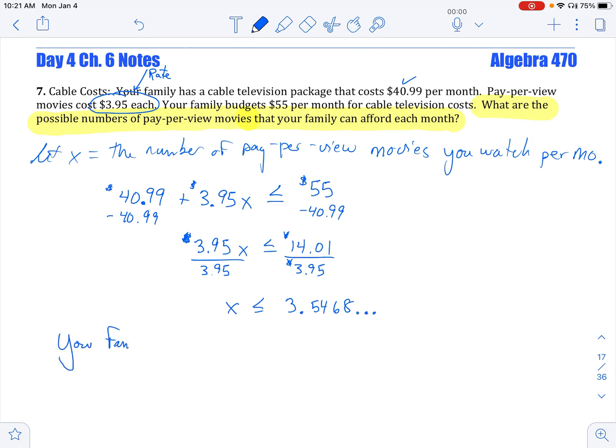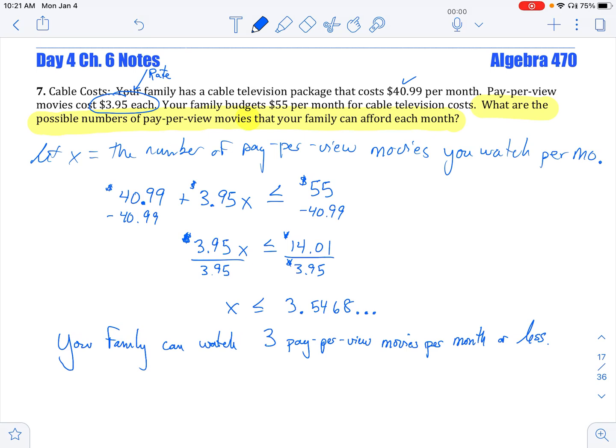your family can watch 3 pay-per-view movies per month or less.